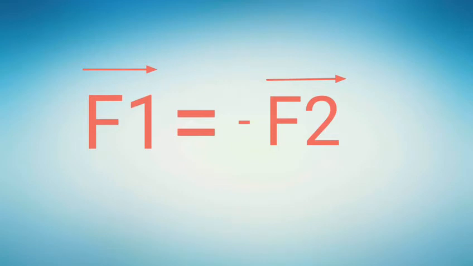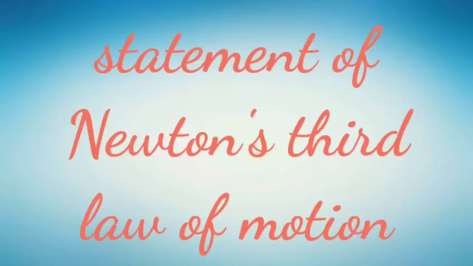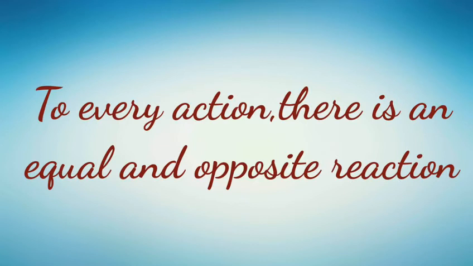Students, the force applied by body A on body B, that is F1, is known as action, while the force experienced by body A due to body B is known as reaction. So students, the statement of Newton's third law of motion is: to every action there is an equal and opposite reaction. Students, action and reaction act simultaneously and they act on different bodies.